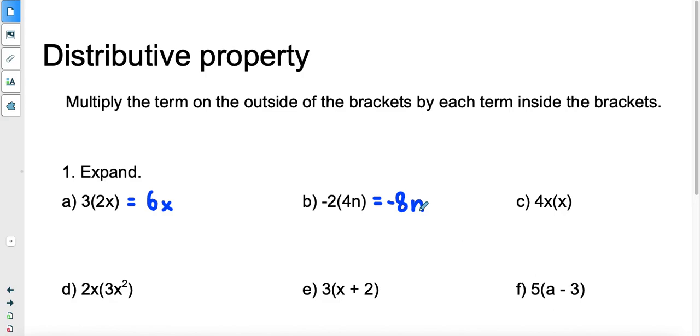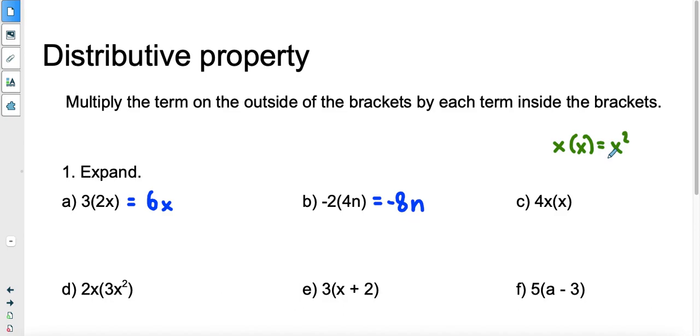Next one, we have 4x times x. Well, x times x is x squared. Why is that? Well, let's think about some examples here.